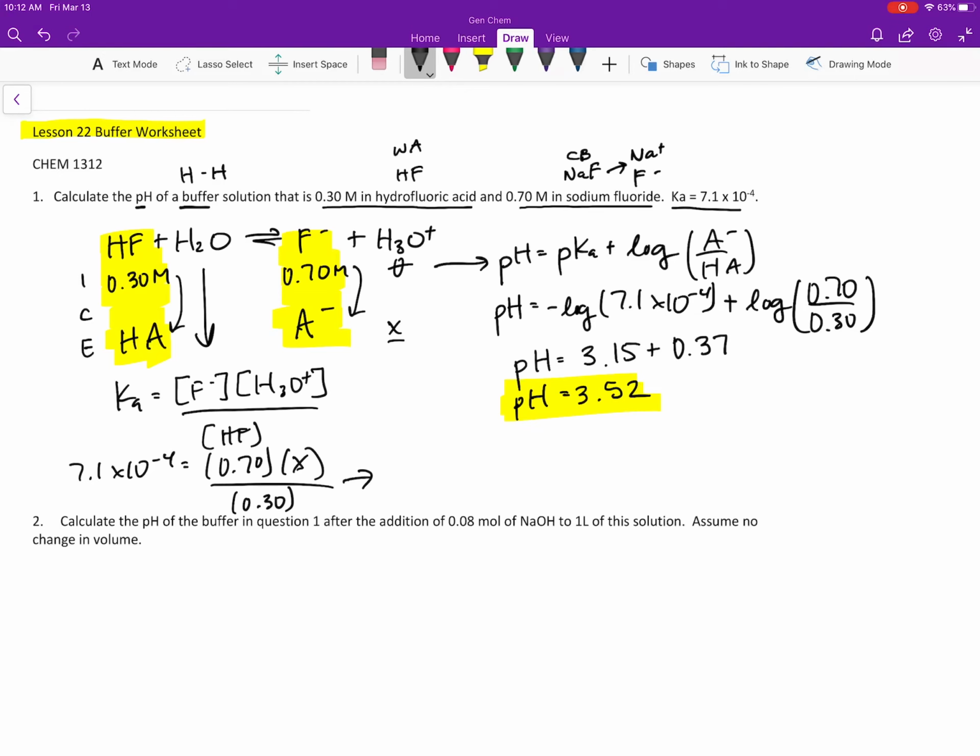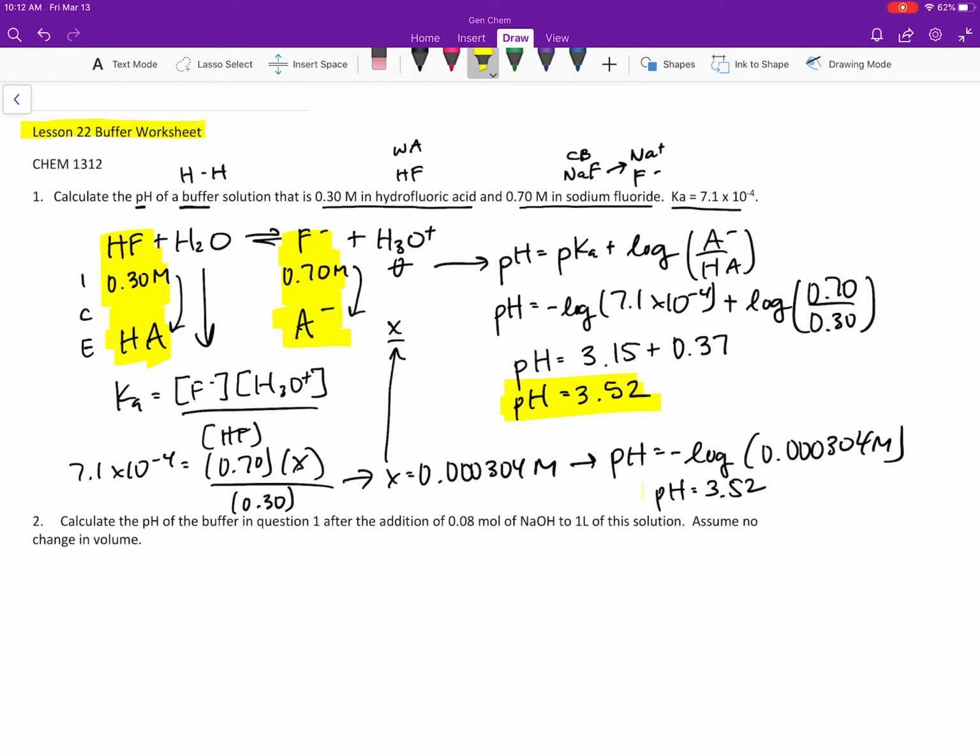And when I solve for x, I get 0.000304 molar, which is the concentration of hydronium, and I can plug that into the pH as the negative log of that, and I get a pH of 3.52. So the nice thing about these problems, you can use an ice table or you can use the Henderson-Hasselbalch, but regardless you get the same answer.